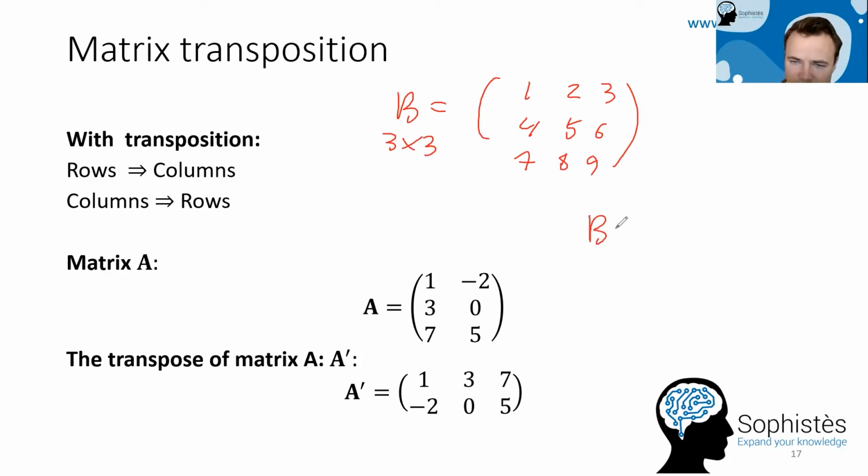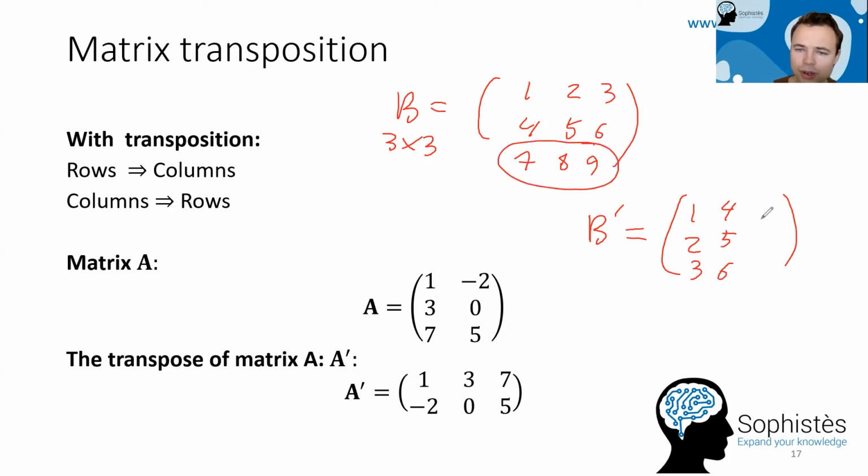If I now take the transpose, what will happen is that the first row becomes my first column. You see that? The second row becomes my second column, and the third row becomes my third column. That's what the transpose is. And here you still have 3 rows, 3 columns.